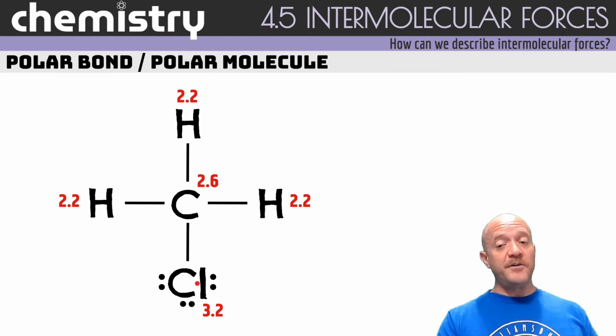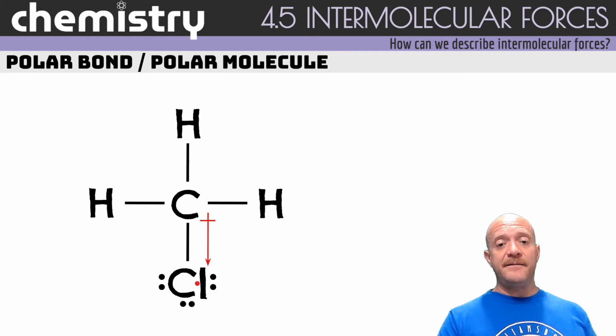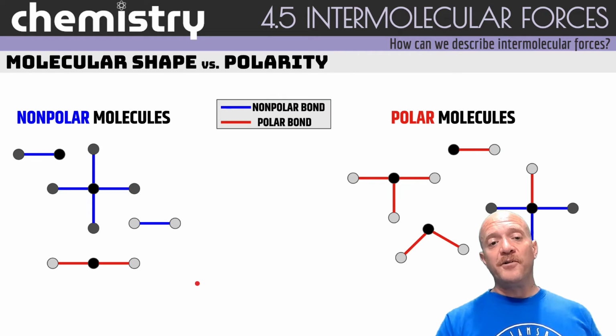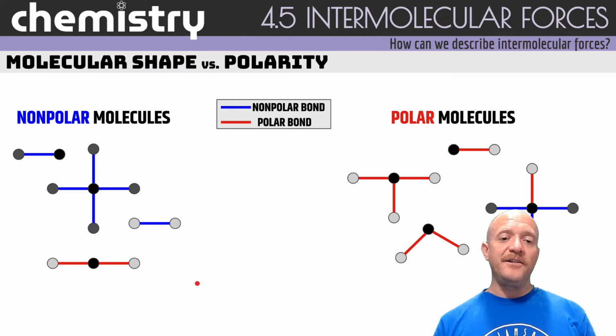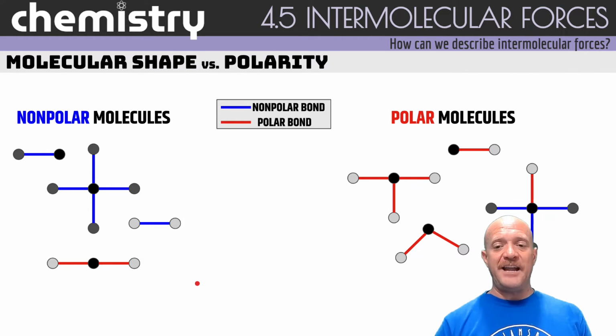There's going to be some practice that we do in class, but a general rule of thumb is you can look at these molecular shapes to determine polarity. I've done this little sketch, and these represent nonpolar bonds. This would be like the methane I showed you. If the electronegativity is so close, but the elements are different, it's going to be a nonpolar bond.